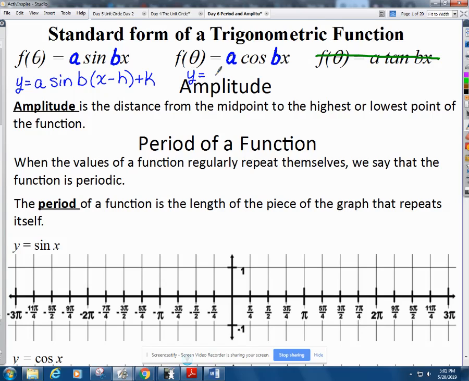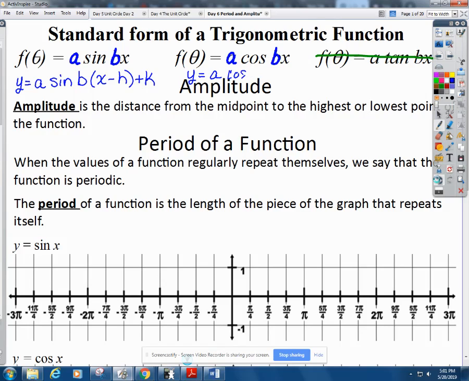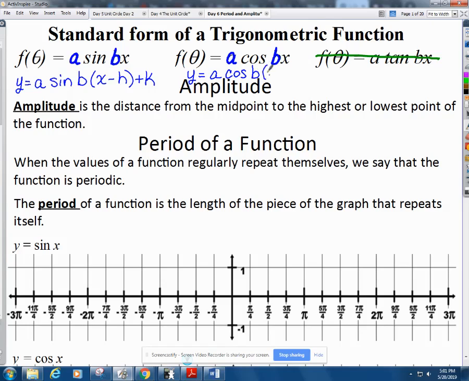So for cosine, it would be a times the cosine b of x minus h plus k. And before we get into that, h is going to be a shift to the left or right. It's going to look opposite because it's being subtracted. K is going to be a shift up and down. So we're not ready to shift left and right and up and down just yet. But we're going to learn what is A and what is B.